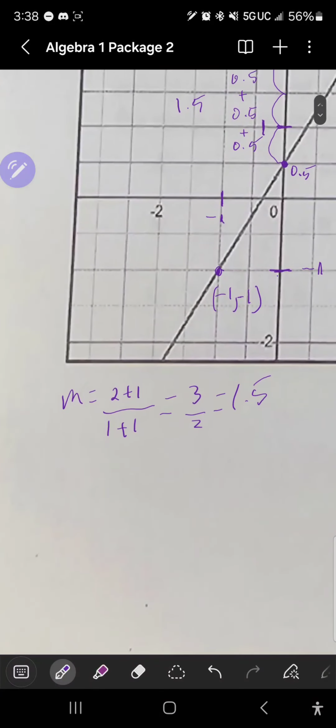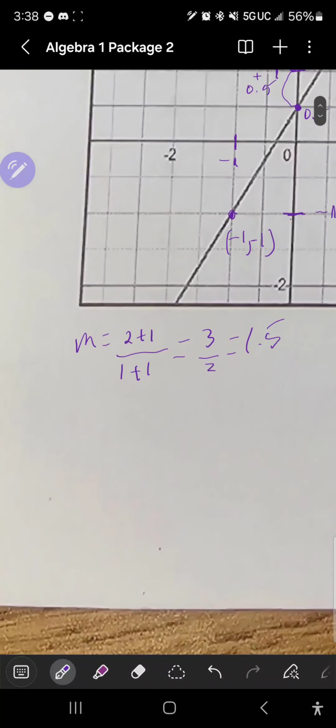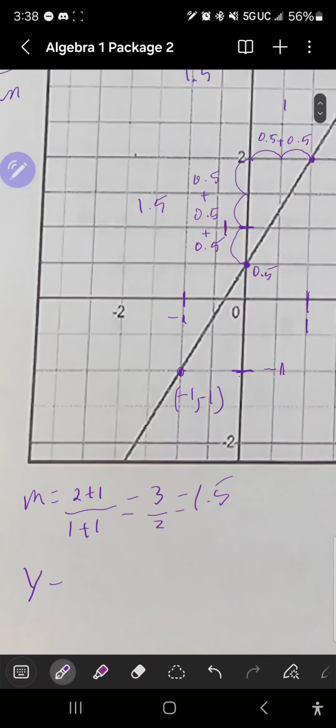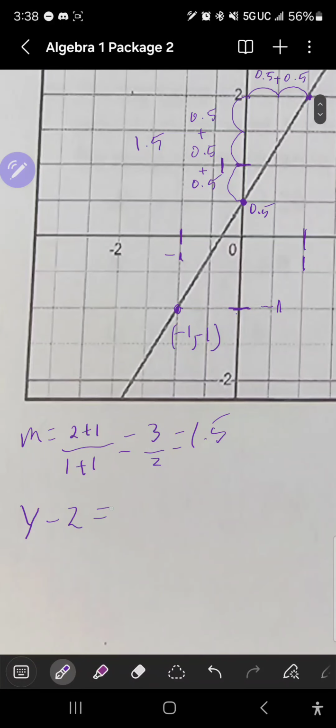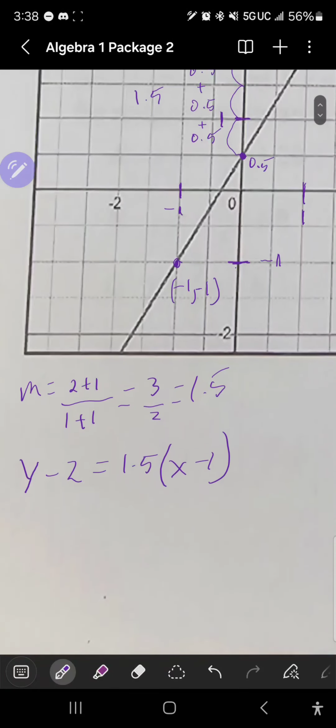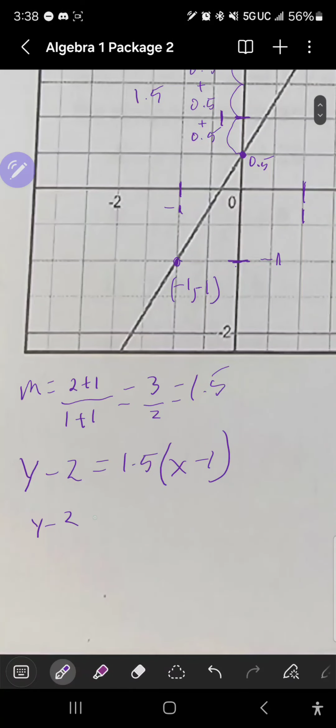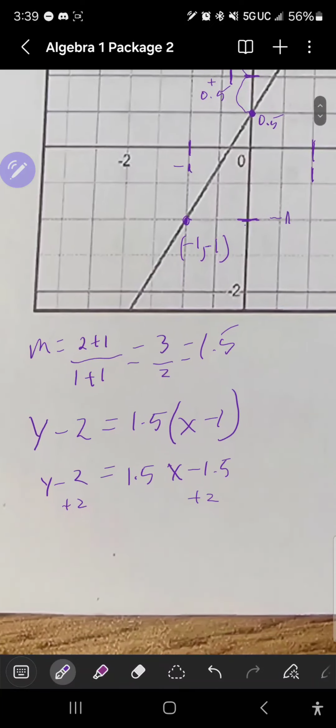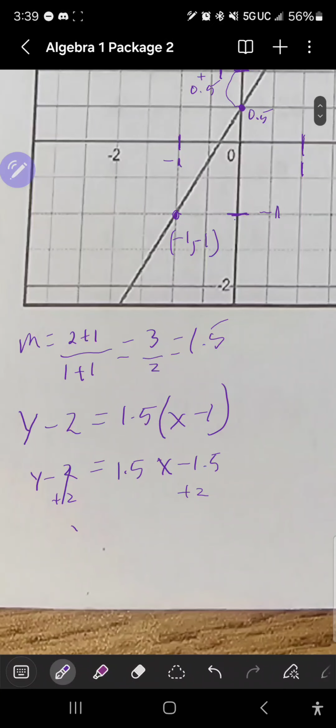And now if you want to know b, which is the y-intercept, we have y minus 2 equal 1.5 times x minus 1. Y minus 2 equal 1.5x, and 1.5 multiplied by negative 1 is just negative 1.5. Now we add 2 on both sides, and this cancels, and we have y equal 1.5x.